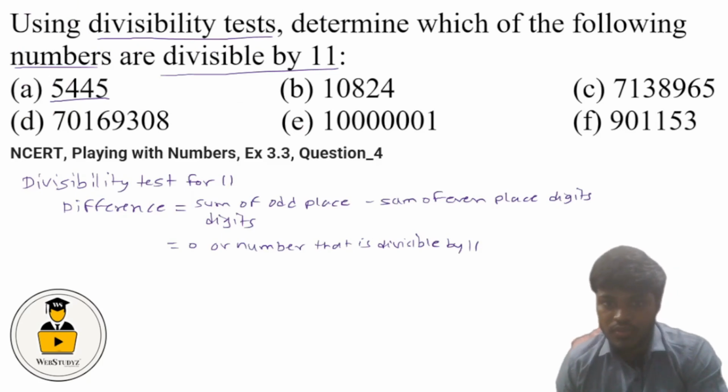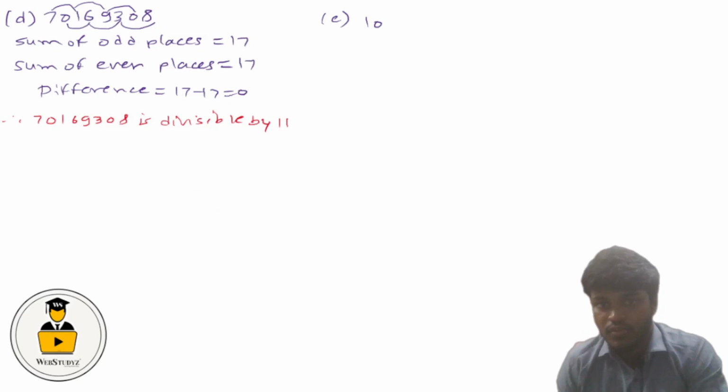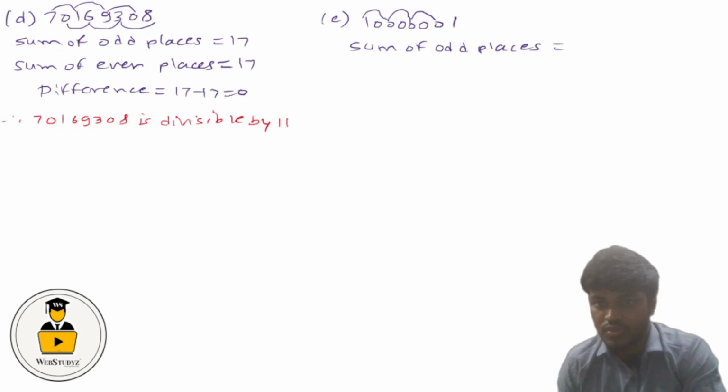The next number is 1, 2, 3, 4, 5, 6, then 6 zeros, and 1, 3, 4, 5, 6 and 1. Now find out the sum of odd places. It will be 1 plus 1 plus 0 plus 0 plus 0, so it will be 1.